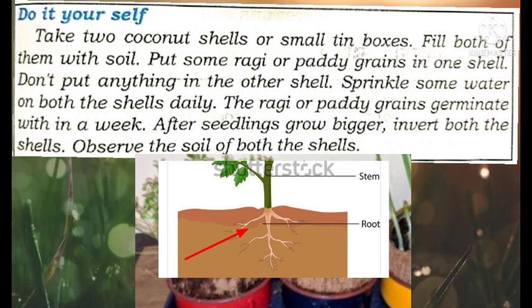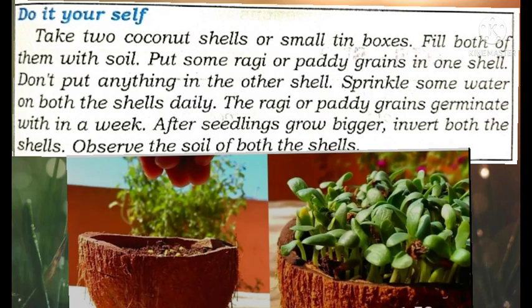Okay, one more observation you can find. What is that? The small seedlings have grown into saplings after a week. Yes or no? That means the ragi or paddy grains that we put in a shell have grown into saplings after a week.